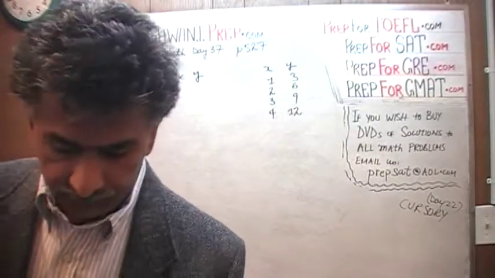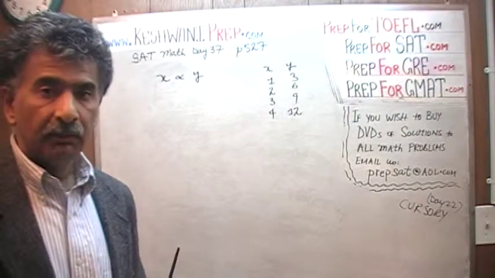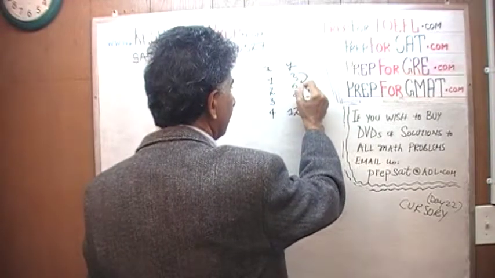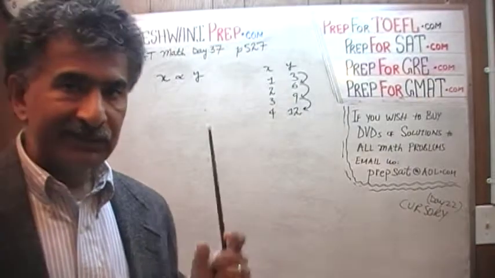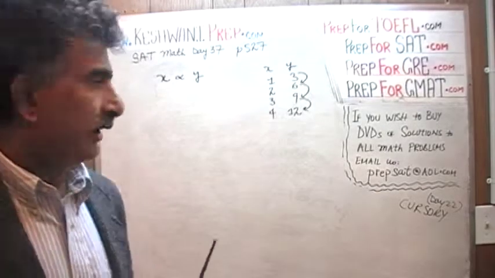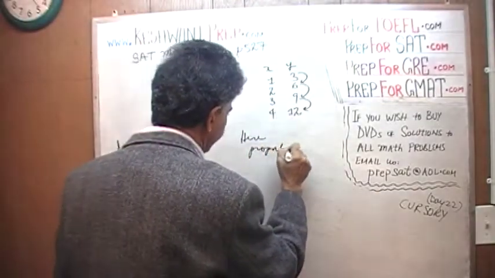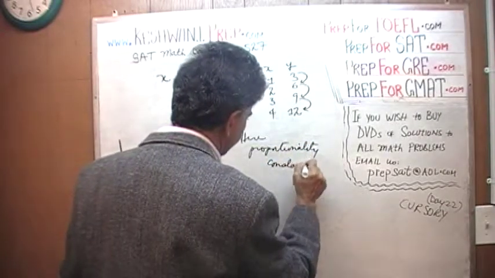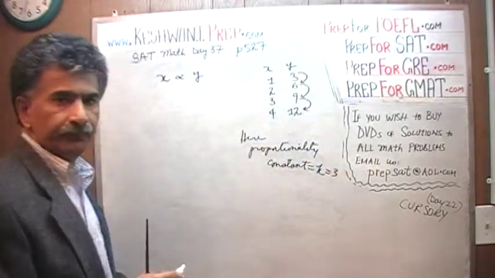The other thing that we notice here is that not only does y go up every time x goes up, but it goes up by the same increment. It always goes up by 3: 3 to 6, 6 to 9, 9 to 12. That constant increment by which y goes up each time is called the proportionality constant. Here, the proportionality constant, which we usually represent with the letter k, is 3.